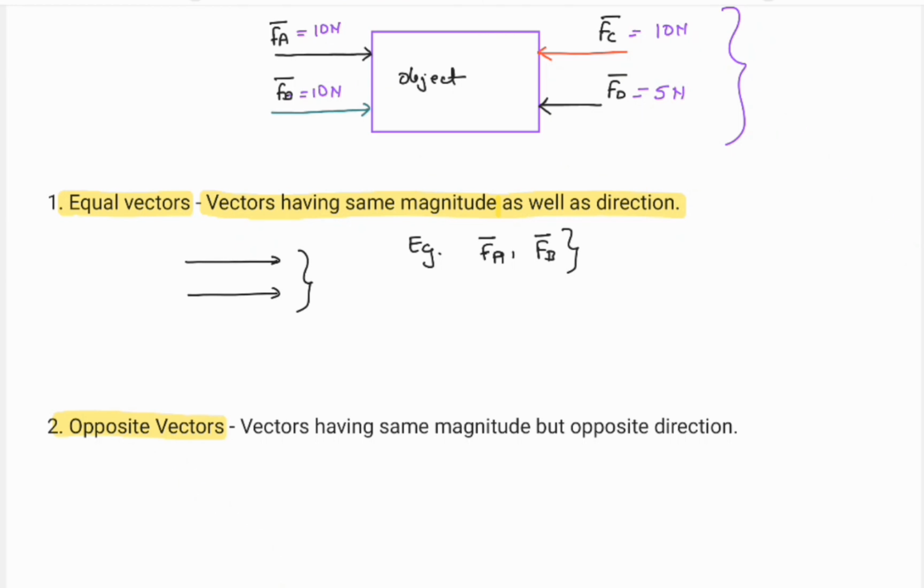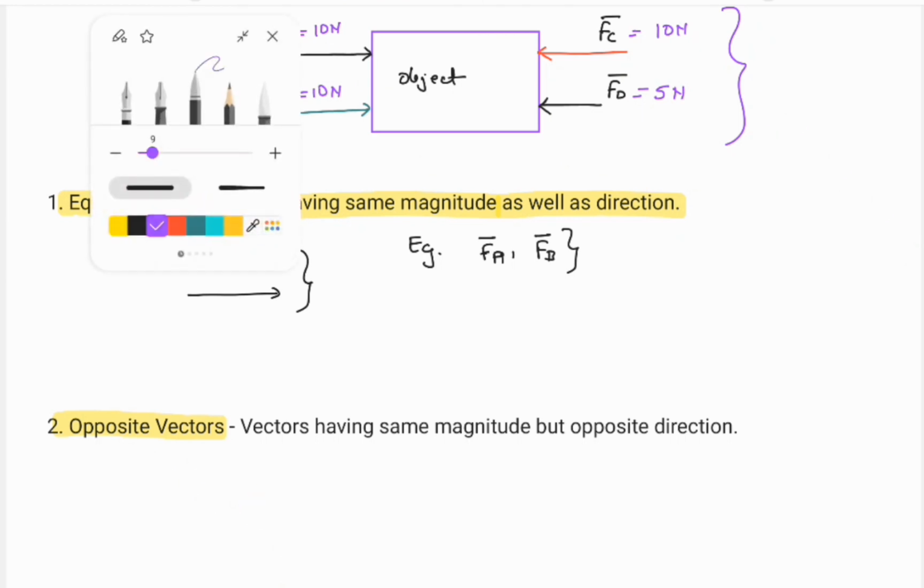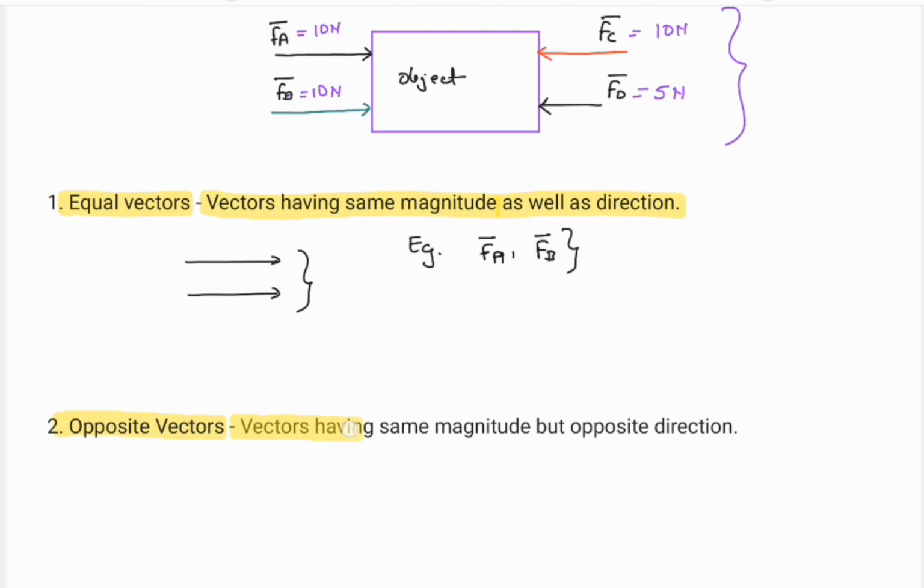Now look at the second, opposite vector. What do you mean by the opposite vector? Vectors having same magnitude but opposite direction. The vectors having the same magnitude and opposite direction are known as opposite vectors. If you look at the given example, can I call F of A and F of C as opposite vectors?